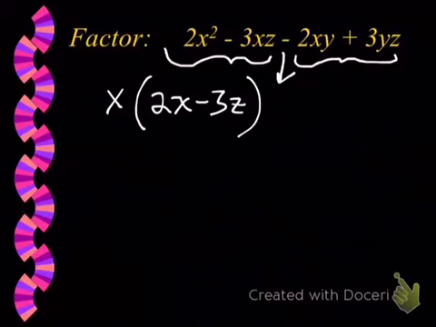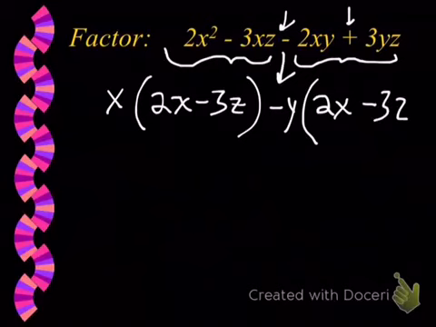Fair enough. So let's take out a negative y, and we've got to be careful here because we want to multiply it together to get a negative and then a positive. So what's going to be the first term in this parentheses? 2x. And this has to be minus 3z.